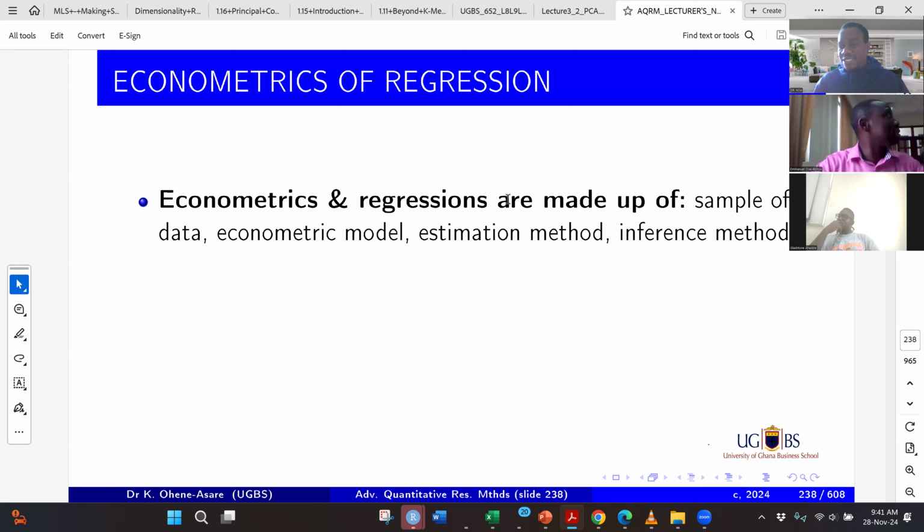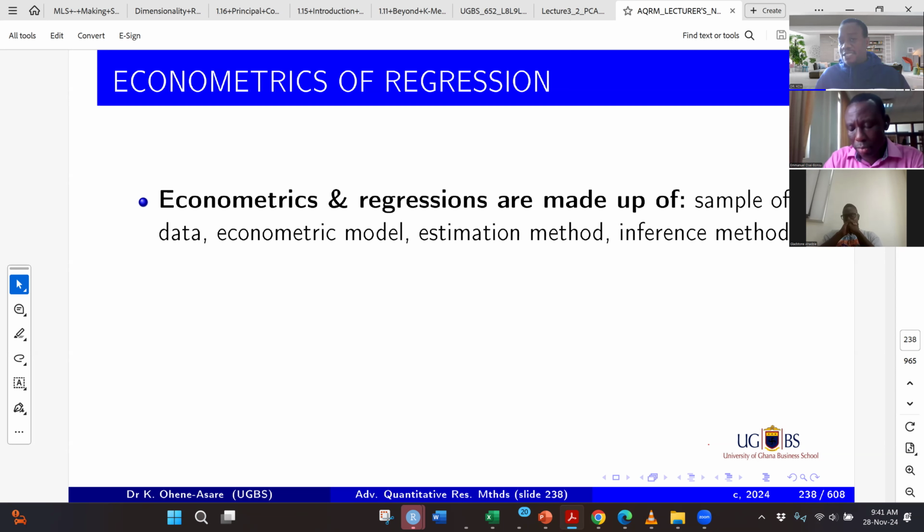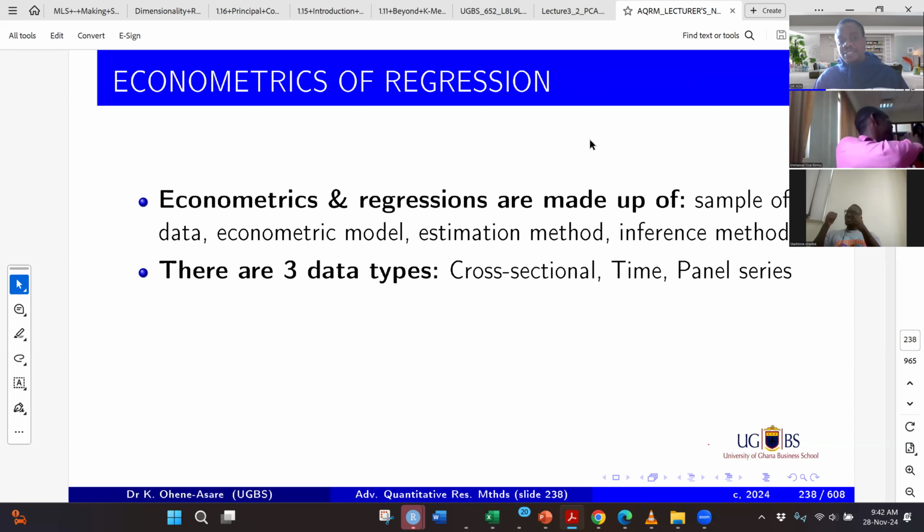So econometrics is a combination of economic principles, economic theory, and statistical and mathematical knowledge. It involves sampling of data, econometric models, estimations and inferences. We have already looked at inferences in statistics through hypothesis testing, and now we want to do bigger things with that.